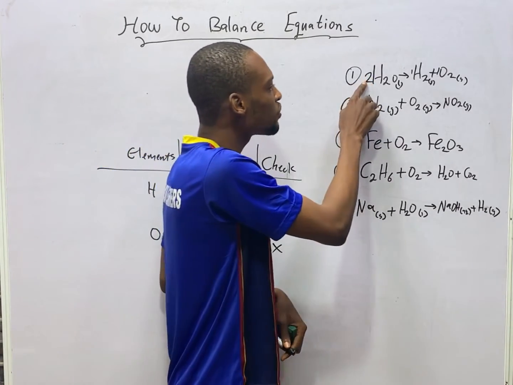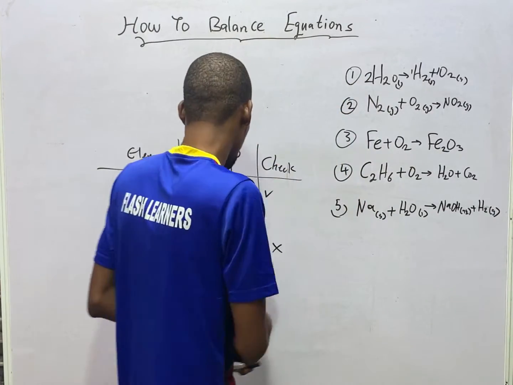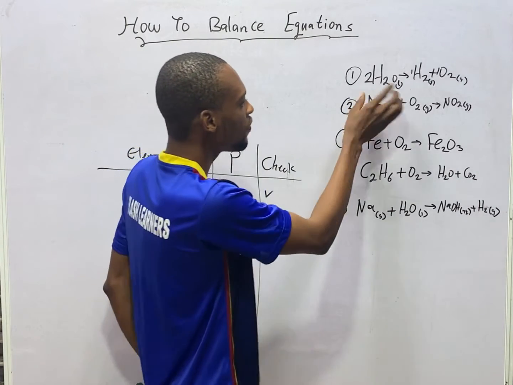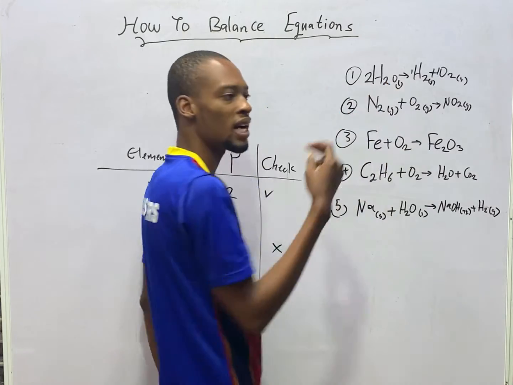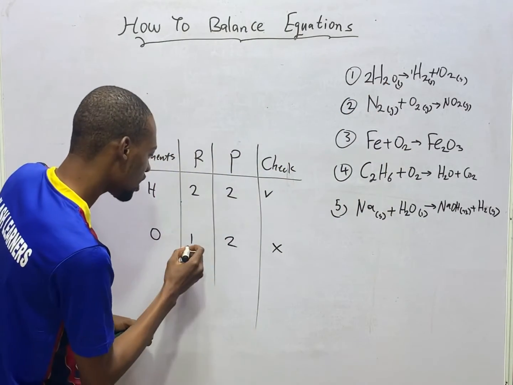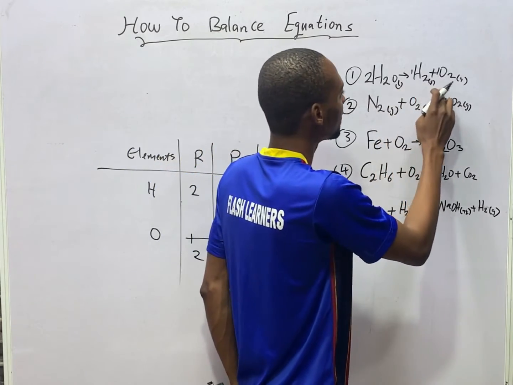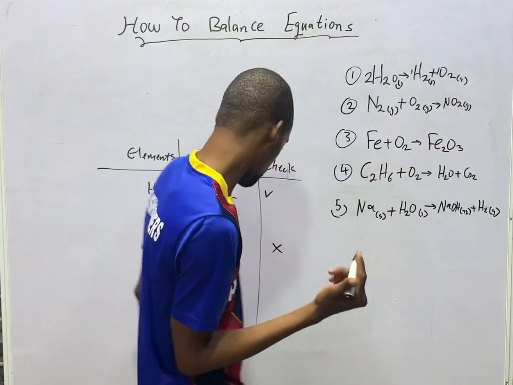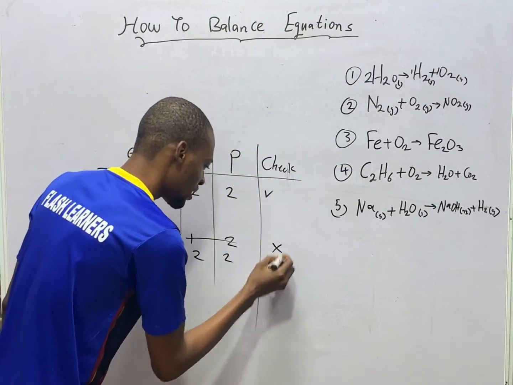If we make here 2 to give us 2H2O. Now let's see if oxygen is balanced. In the reactant, how many oxygen do we have? 2 times 0, we have 2. Now we have 2. Then in the product, how many do we have? H2O2, we have 2, right? Is it balanced? It is balanced.